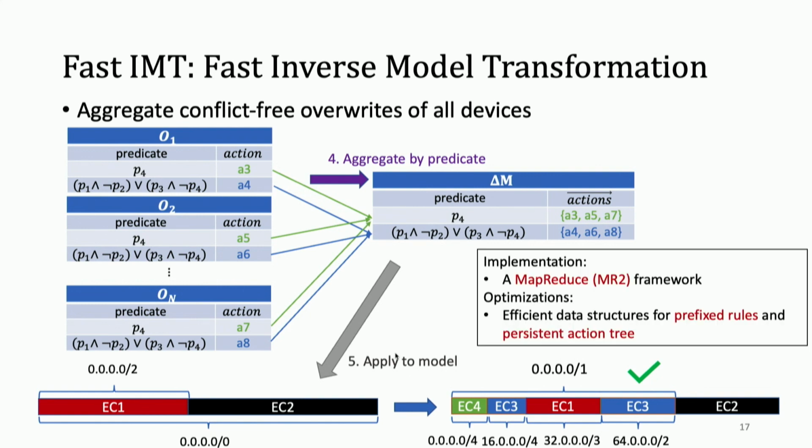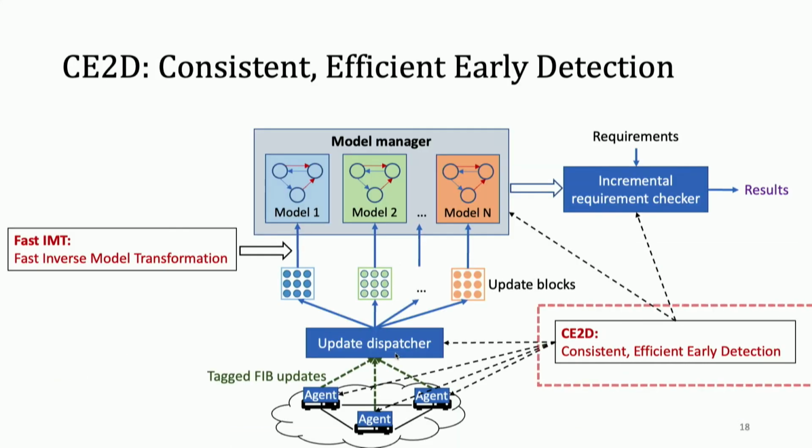In terms of implementation, this model update process is actually pretty computationally expensive, so we leverage distributed compute to speed it up. We also have a lot of optimization in terms of efficient data structures for prefix rules and persistent action trees. Please refer to the paper to see the details.